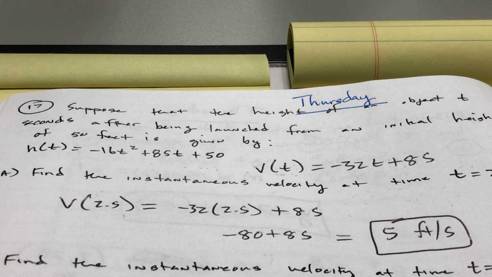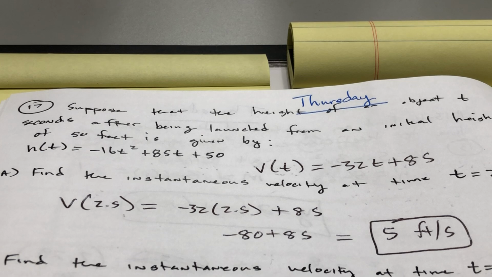So velocity is the derivative of displacement. We talked in class why that was the case. We spent some time relating this back to physics. So v of t is equal to negative 32t plus 85.